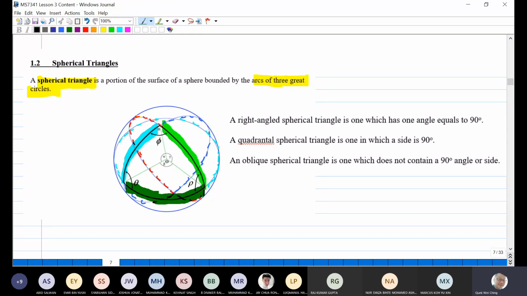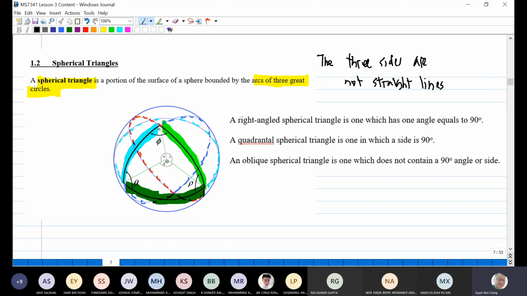So for a spherical triangle, the three sides, when you draw it, are not straight lines. It's three parts of great circles.